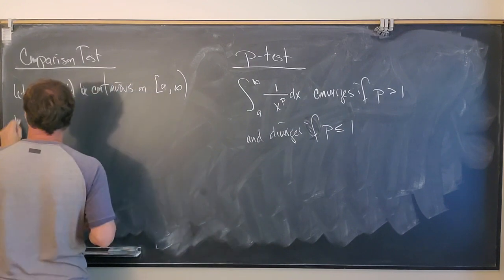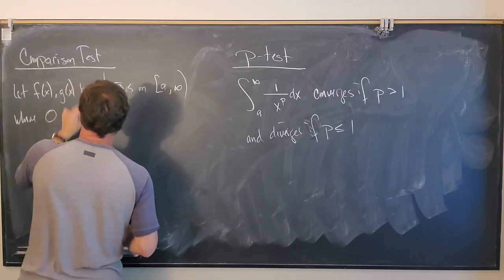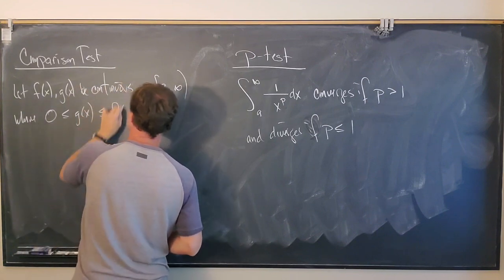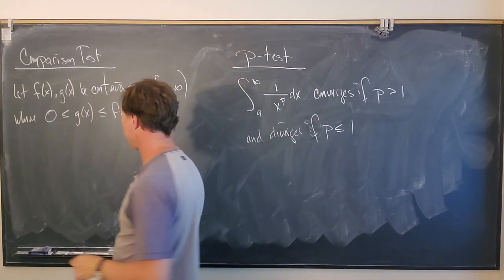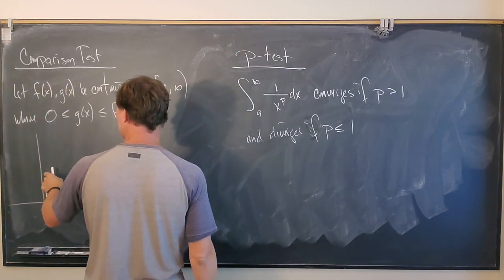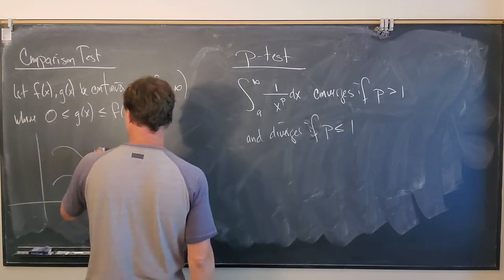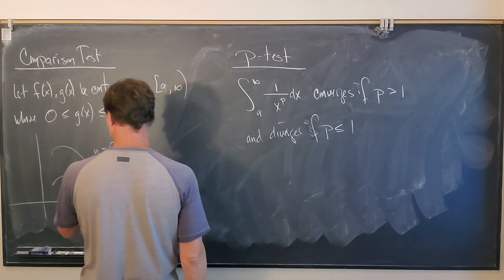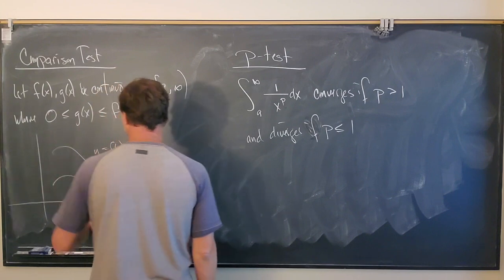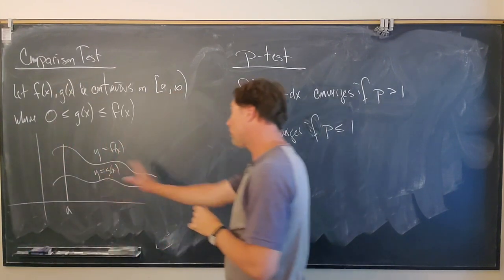Oops, I need to say one more thing, where 0 is less than or equal to g of x, which is less than or equal to f of x. Right, so let's draw the picture and then we'll write down the conclusion here. So we've got a couple of continuous functions. Here's the graph y equals f of x. Here's the graph y equals g of x. And we know that it's continuous on the interval from a to infinity.